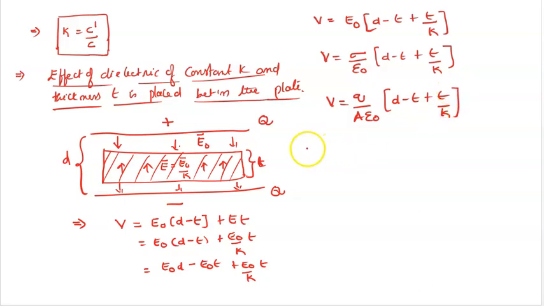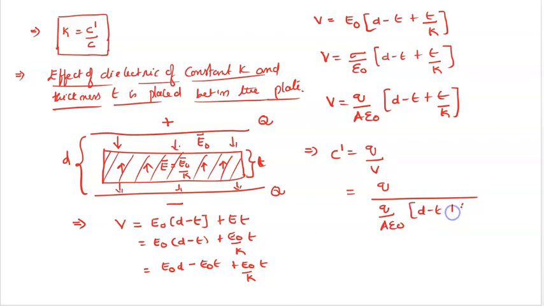And therefore when a dielectric of constant K is placed between the plates, then the new capacity C dash is equal to Q by V. So Q by Q by A epsilon naught into D minus T plus T by K. So Q gets cancelled.